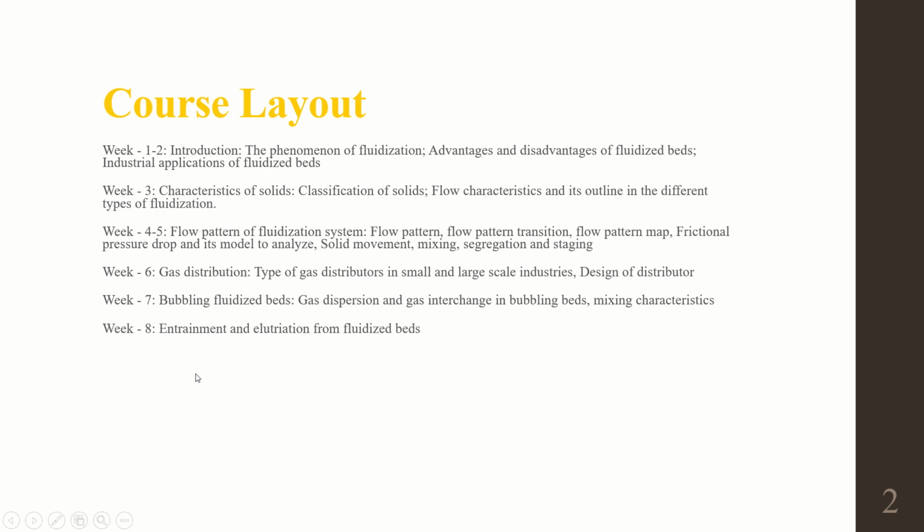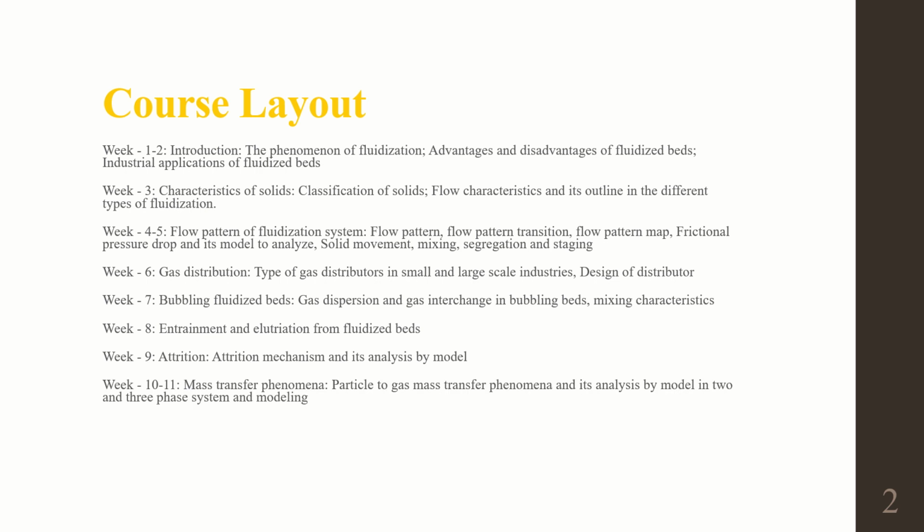Week 8 was about entrainment and elutriation from fluidized beds. Week 9 was a study about attrition, attrition mechanism and its analysis by model. Week 10 to 11 was about mass transfer phenomena and particle to gas mass transfer and its analysis by model in 2 and 3 phase systems and modeling.